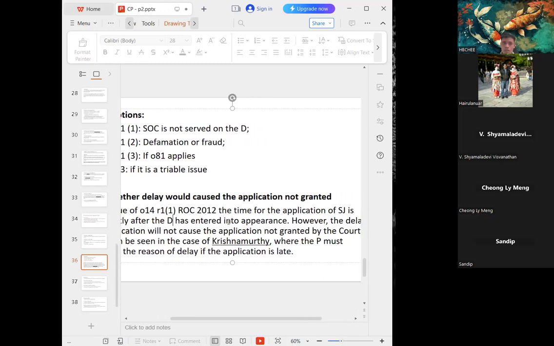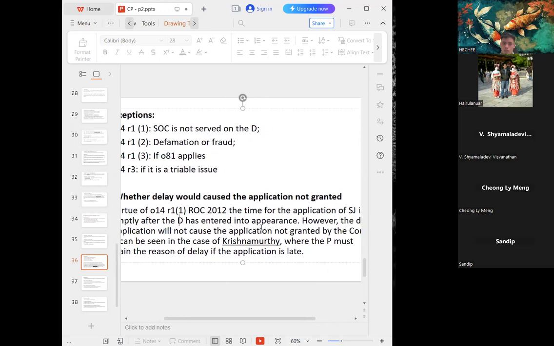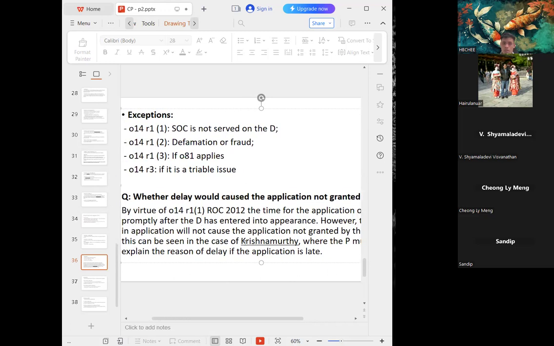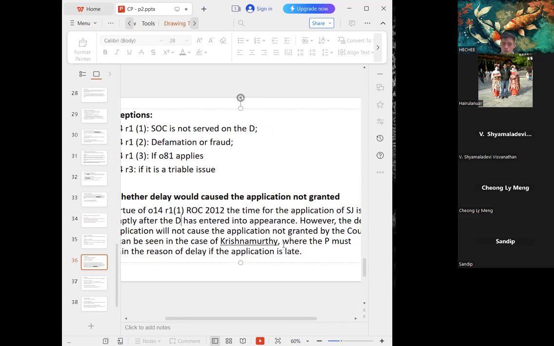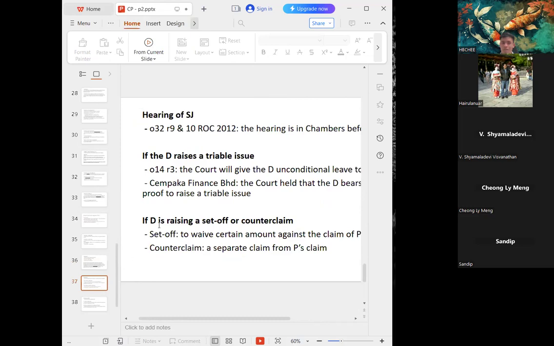However, the delay will not cause the application not to be granted. This can be seen in the Krishnamurti case. He must explain the reason of delay, so that if the court accepts the reason why you are late for filing the application, you are still safe. Otherwise, if the court is not accepting, I'm so sad to say that your case is gone.